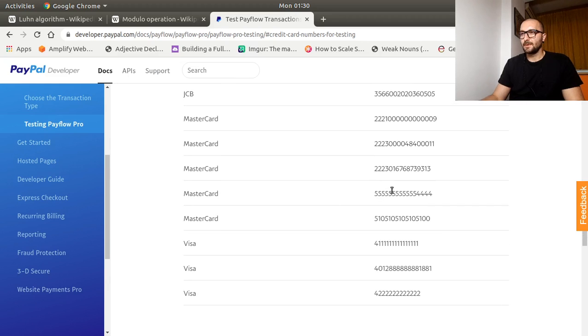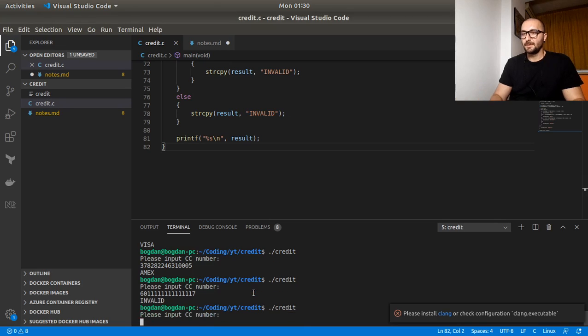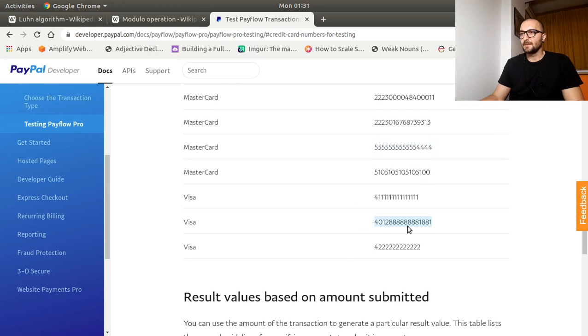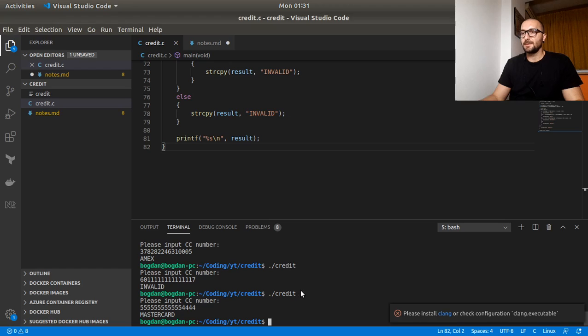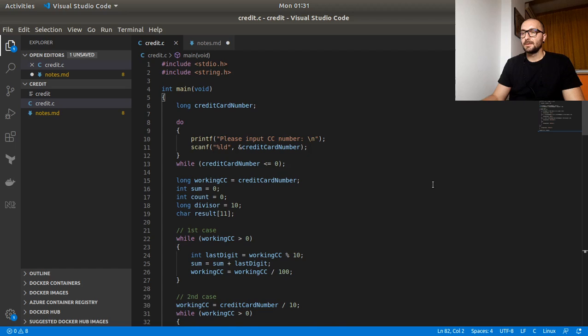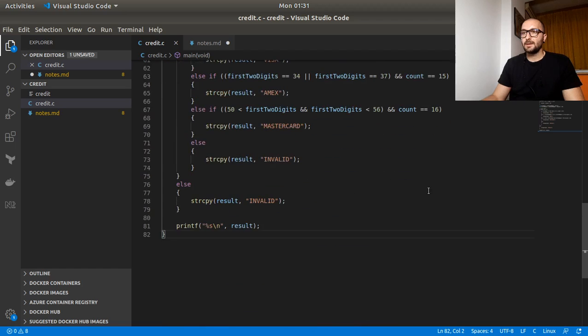We're using, for example, this one, 5. MasterCard. Let's get a Visa. Let's get a 13 one. This seems shorter, so it might be the 13 version. 13 digits long version. Visa. Example, something like, okay, invalid. Yeah, so I think this is pretty much it. So I'll close this up.